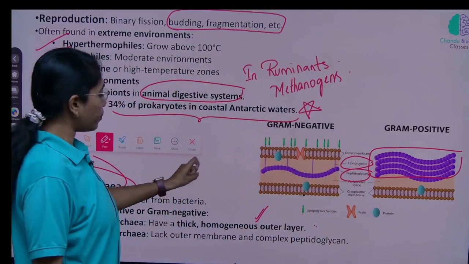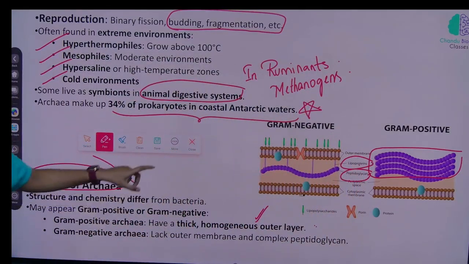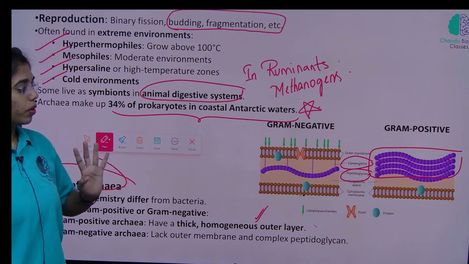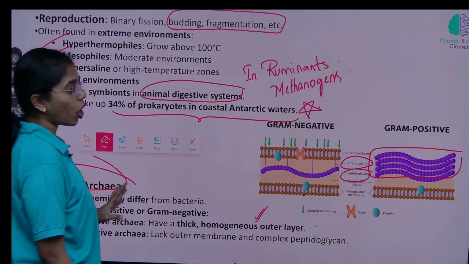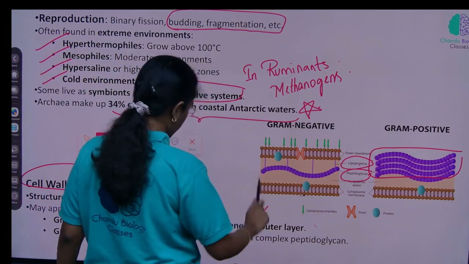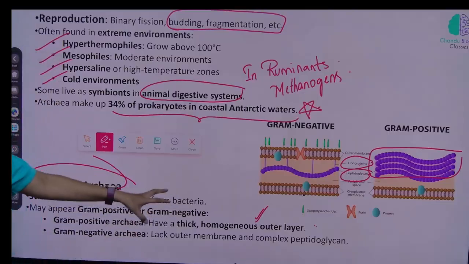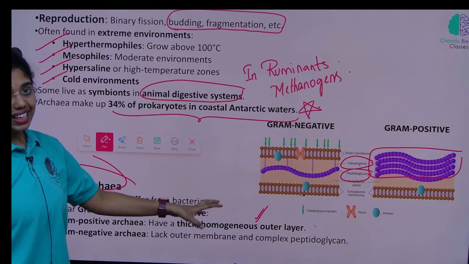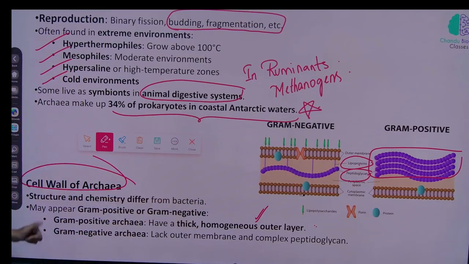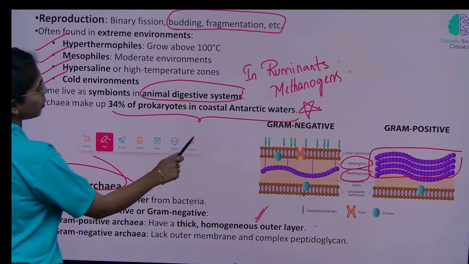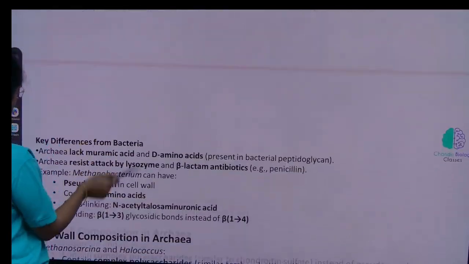Whereas in gram negative, they lack an outer membrane and complex peptidoglycan is absent. Till here it is clear, right? Cell wall composition is clear to us, and in what environment they can survive is also clear to us.